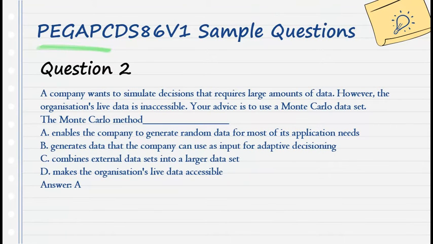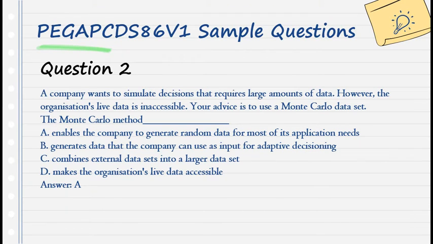Question 2. A company wants to simulate decisions that requires large amounts of data. However, the organization's live data is inaccessible. Your advice is to use a Monte Carlo dataset. The Monte Carlo method _blank.